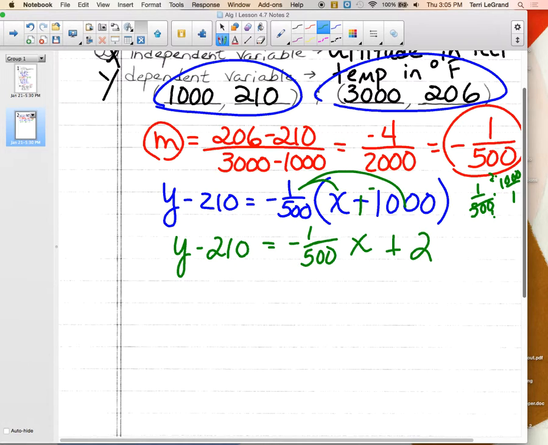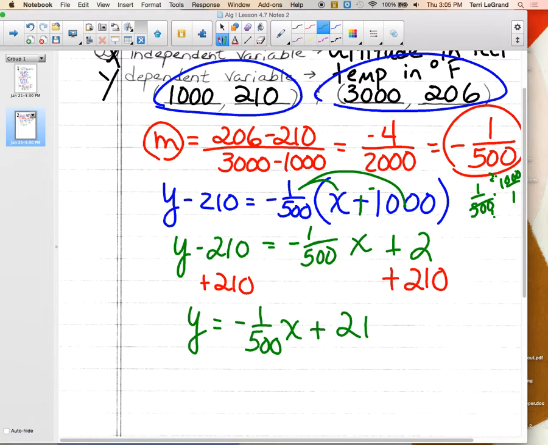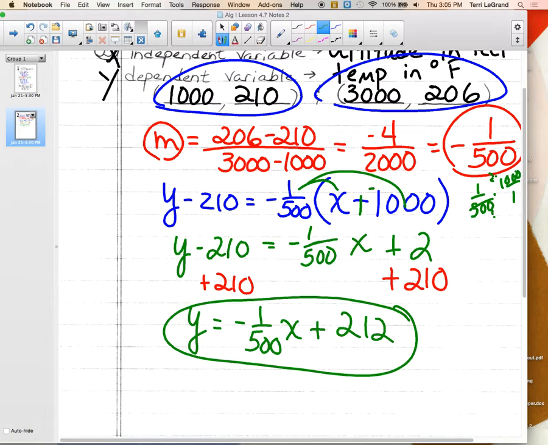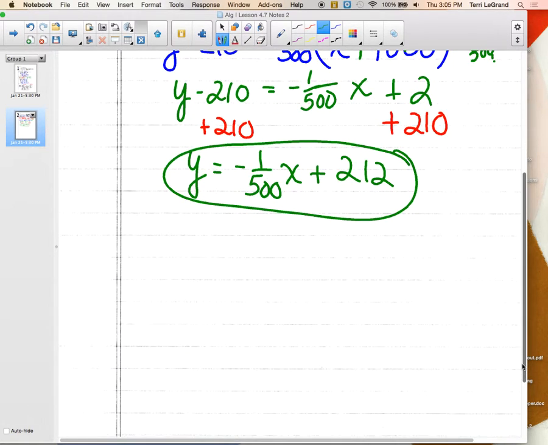Okay, go ahead and finish this and write the equation that represents this situation given any altitude or any boiling point. So there's our equation in slope-intercept form, right? Okay, do they want us to do anything else?